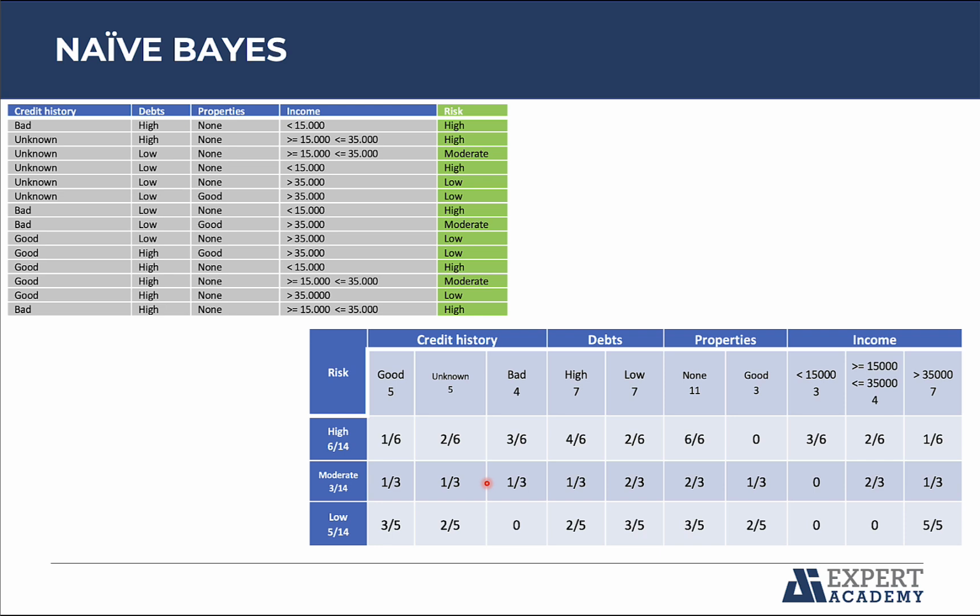If you want to classify a new customer that has just arrived in the bank, you need to use this table. For example, let's suppose that the new customer has these attributes: history, good; debts, high; properties, none; income, equal or greater to 35. We don't know what class the new customer belongs to, so we need to perform some calculations considering the table.